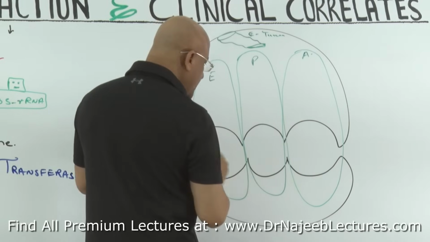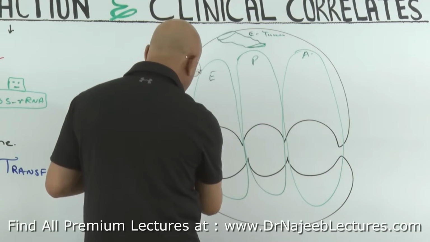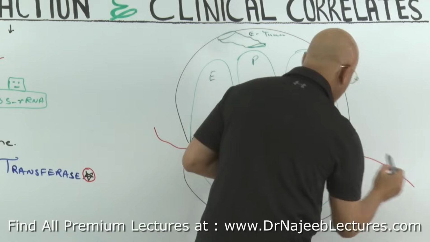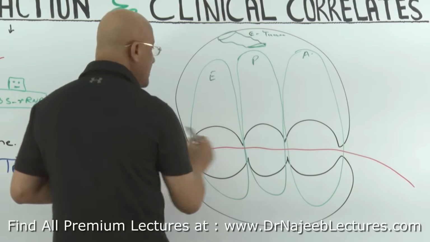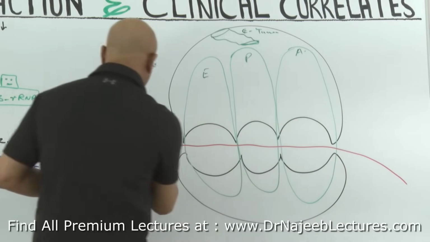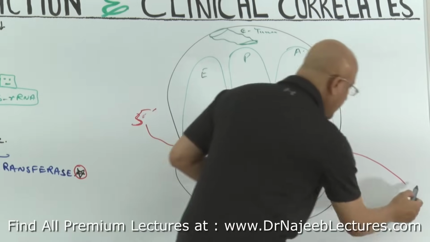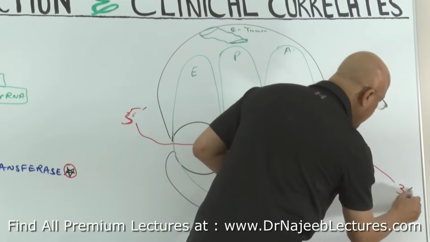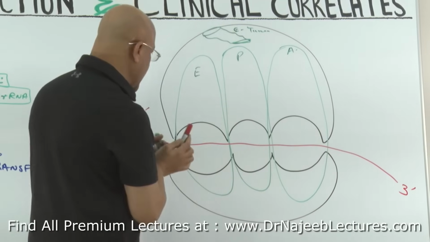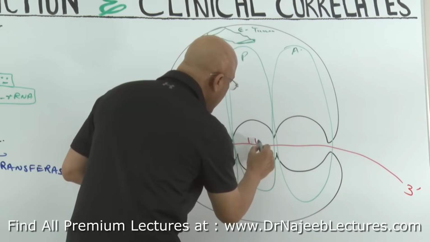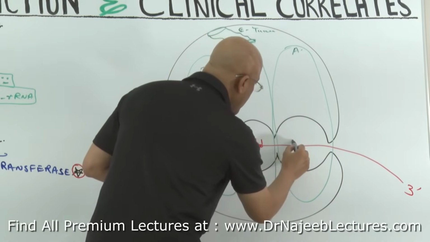Now, this is 30S unit, that is 50S unit, and here is your messenger RNA, 3' end and 5' end. We put it here, 5' end, and this is tail end which is also called 3' end. This is messenger RNA and these are your codons, right?